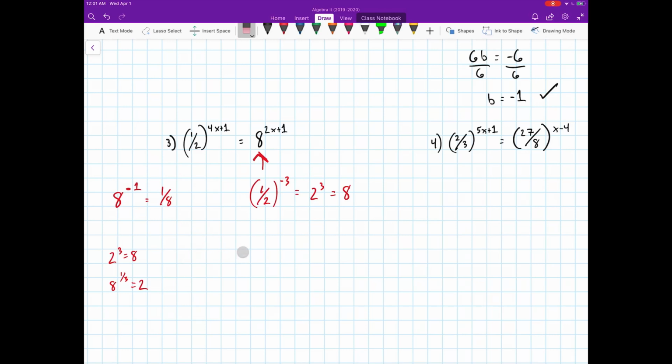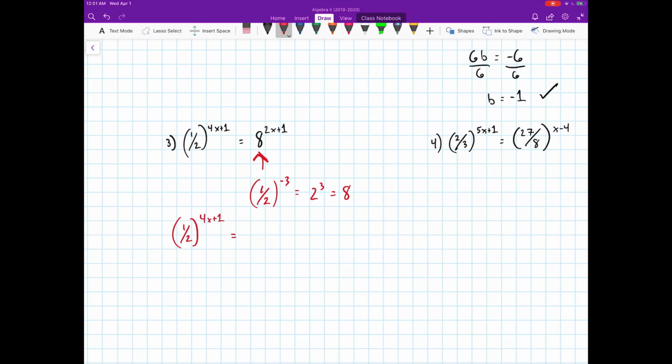All right, so I'll get rid of all of this for now. And let's use that. So I'm leaving the 1/2 over here, 4x plus 1. And that's going to be equal to, I'm rewriting 8 to look like 1/2.